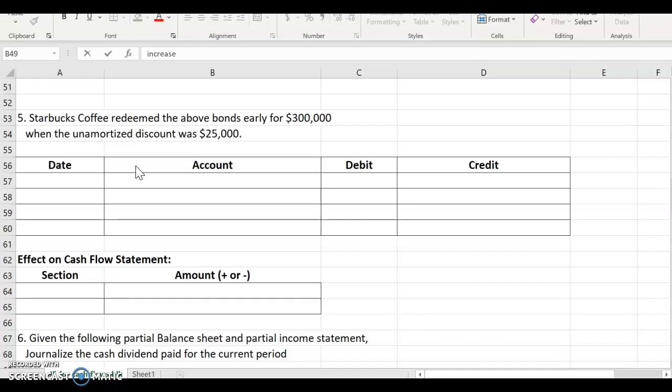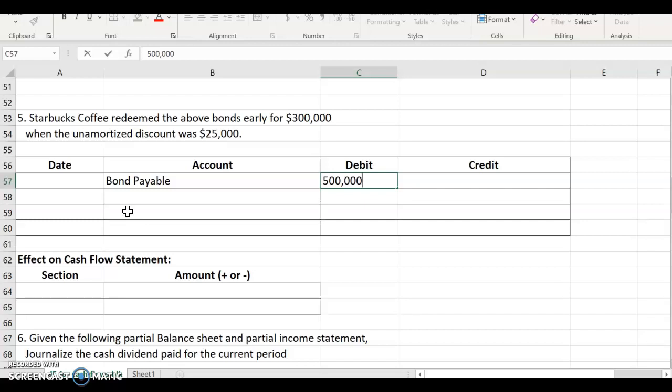So we need to get rid of what we owed them. And we owe them the face value, which was $500,000. So we need to get rid of that balance.